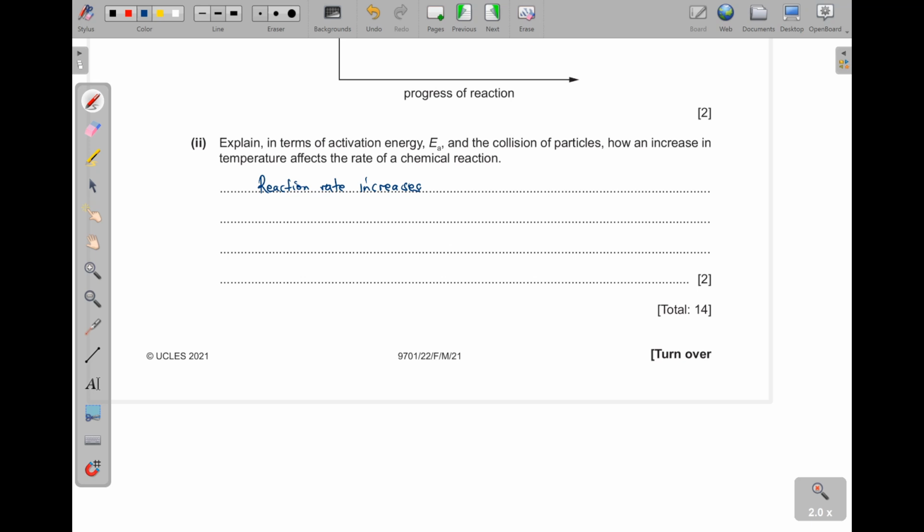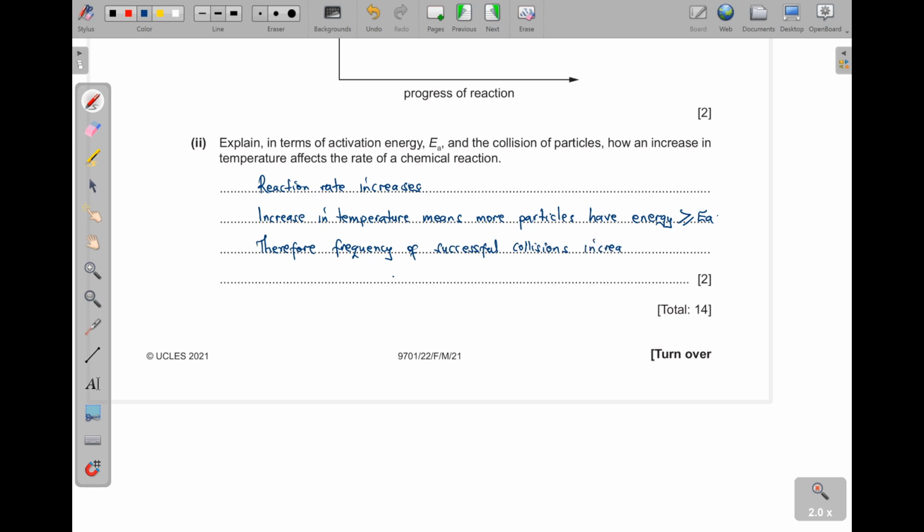In that case, we are going to see the collisions becoming more frequent and successful, leading to a reaction. So we can say an increase in temperature means more particles have energy greater or equal to the activation energy, therefore the frequency of successful collisions increases.